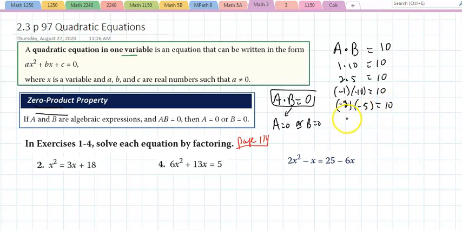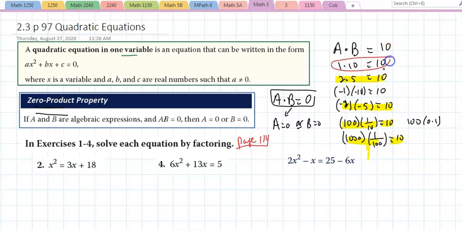You could also say 100 times 1 over 10 is 10, meaning 100 times 0.1 is also 10. 100 times 1 over 100 is 10. The point is, I could list an infinite amount of multiplications that give me a 10. Only 2 of those infinite have a 10 in them.